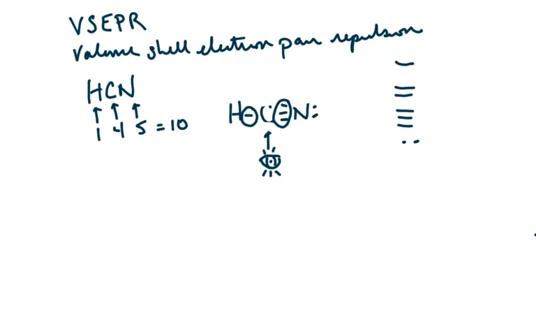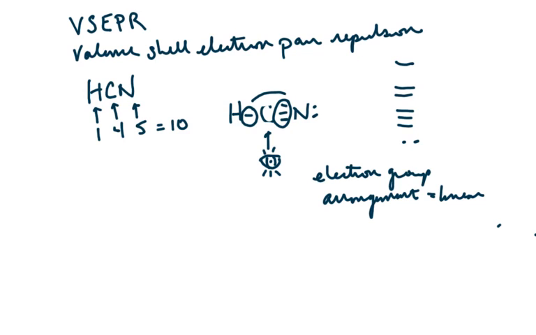And so when we have 2 electron groups, the electron group arrangement is called linear, because the farthest that 2 electron groups can get away from each other is a straight line. And so then the bond angle between these is obviously 180 degrees.